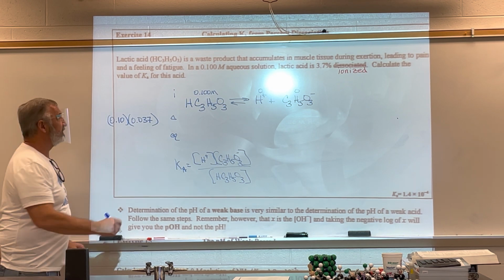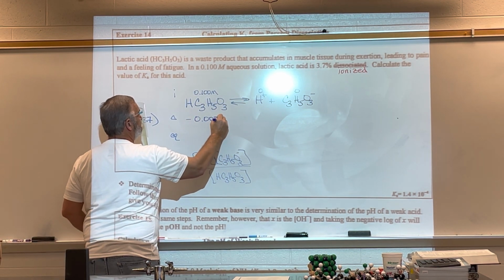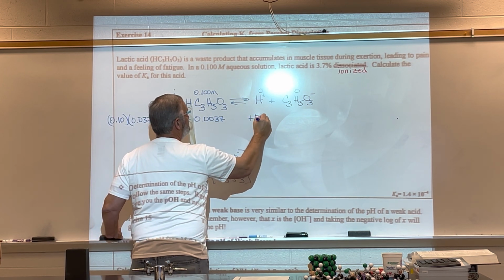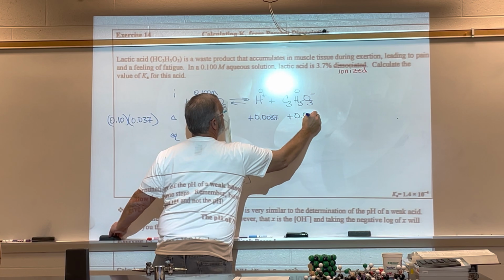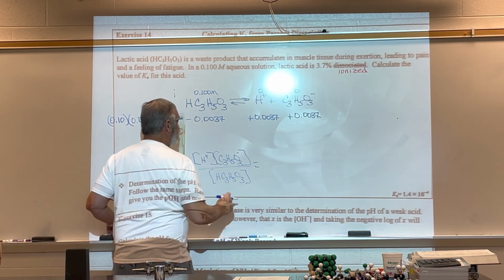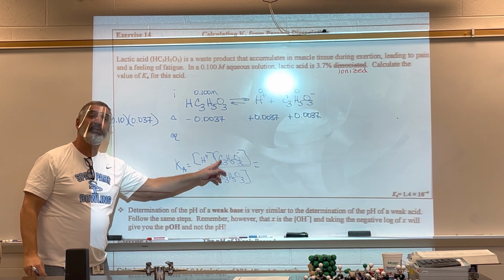Mhm. So it's going to be minus 0.0037 plus 0.0037 plus 0.0037. So if I have to find Ka, I must know all three of these values.